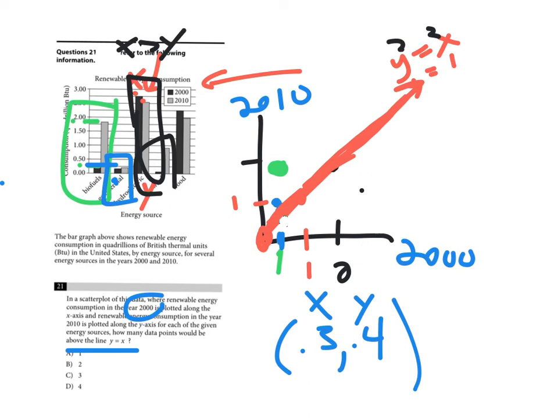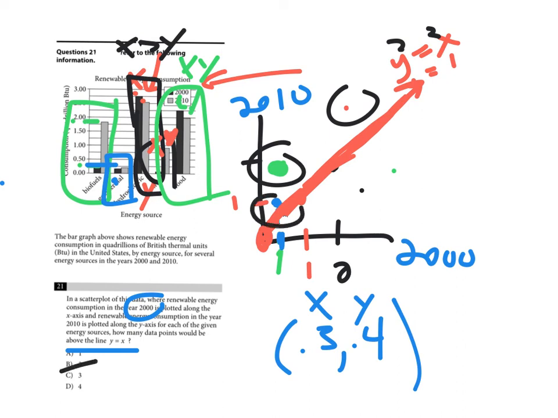For the wind, the y value, the 2010, is bigger than the x, so that's going to be above. And for the wood, the x, the 2000, would be bigger than the y, so that's going to be below. So I claim there's going to be 1, 2, 3, or letter C, 3 points above the line y equals x on that scatter plot.